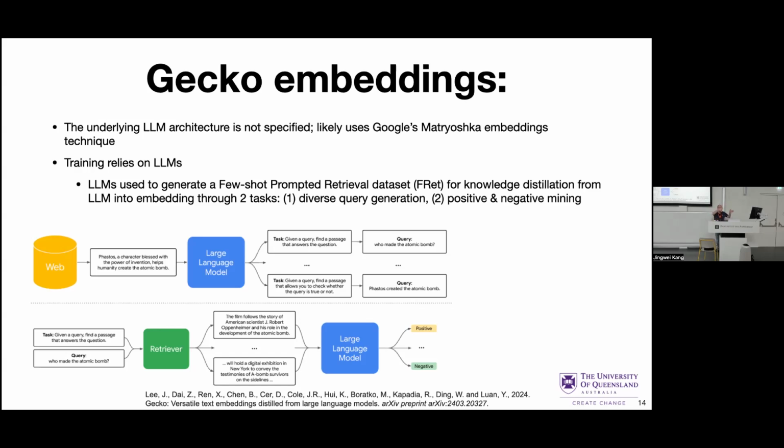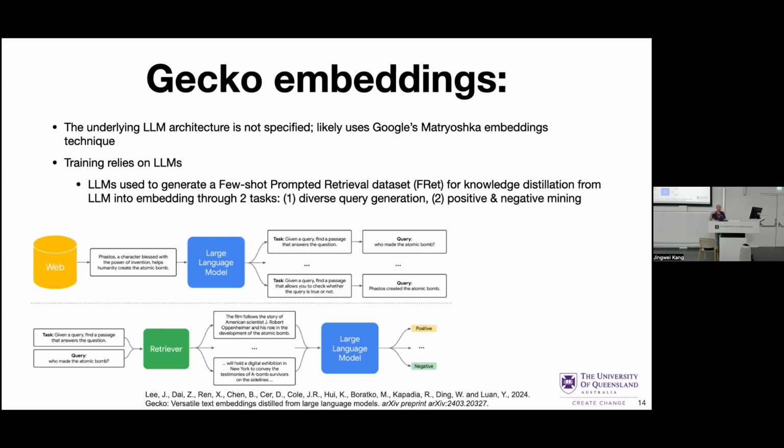So they take the data set they created and then use the data set to train their encoder. And to create the data set, they do two main tasks. One is creation of queries. Given a passage, create queries.